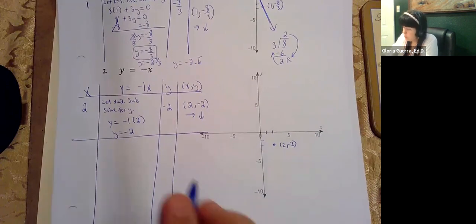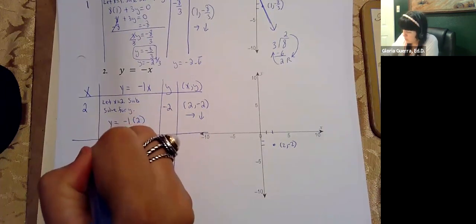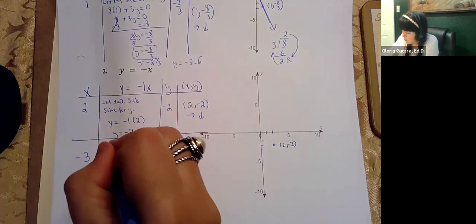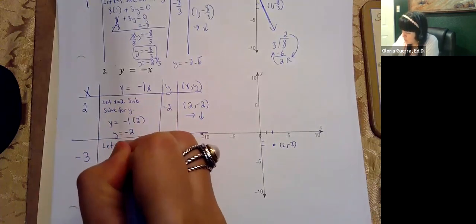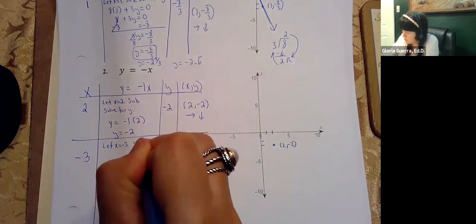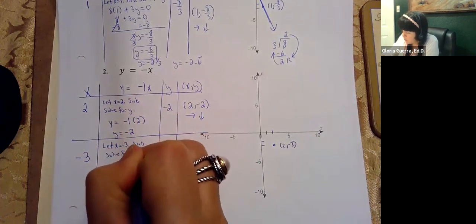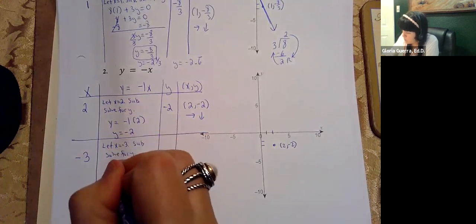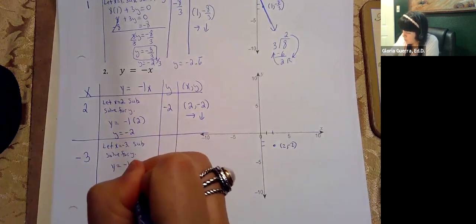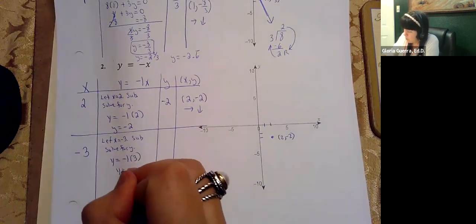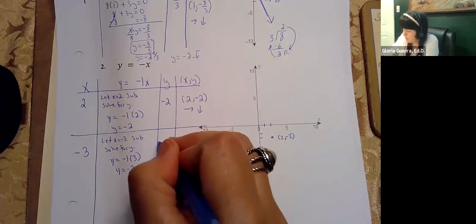Then I chose -3. So I chose a positive and a negative number. Now I let x equal -3. I sub and solve for y. So y equals -1 times 3, so y equals -3.